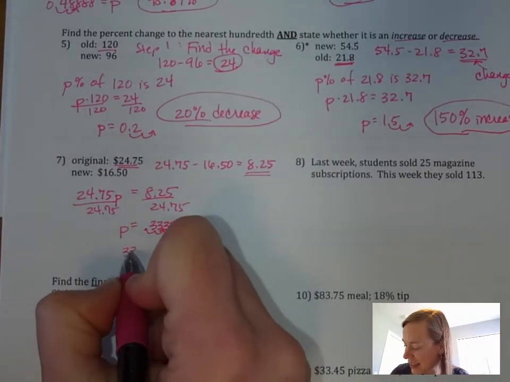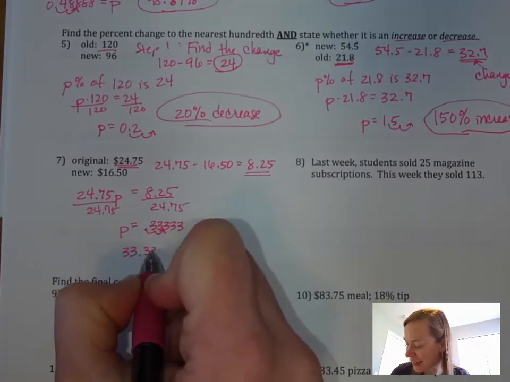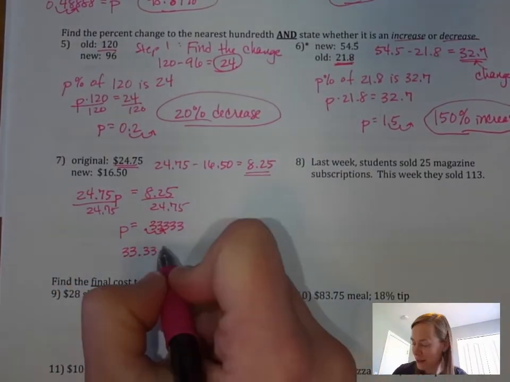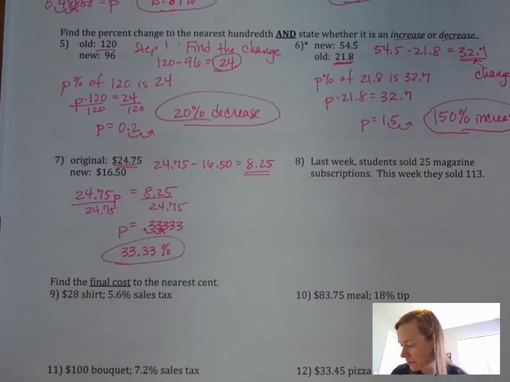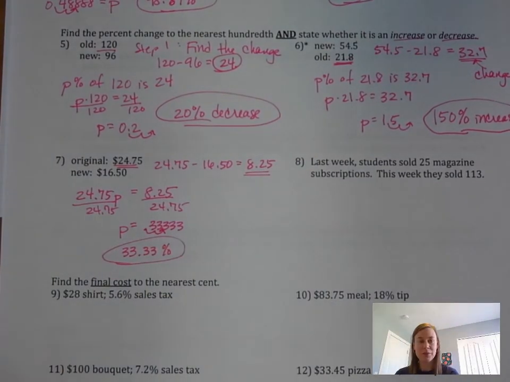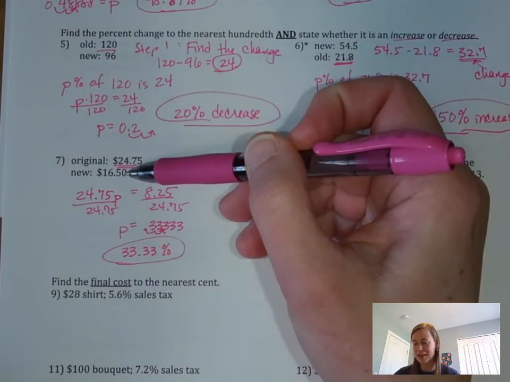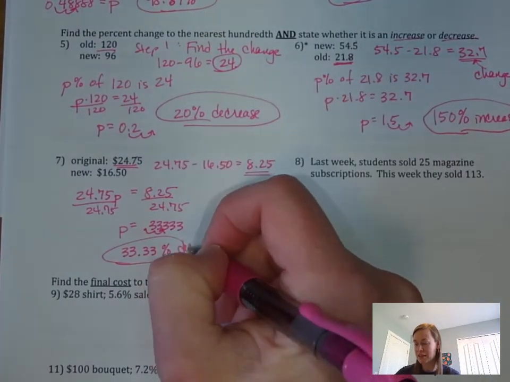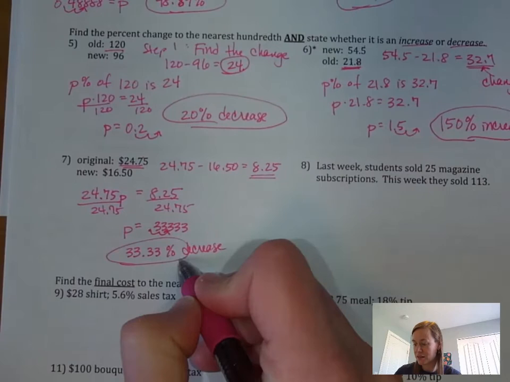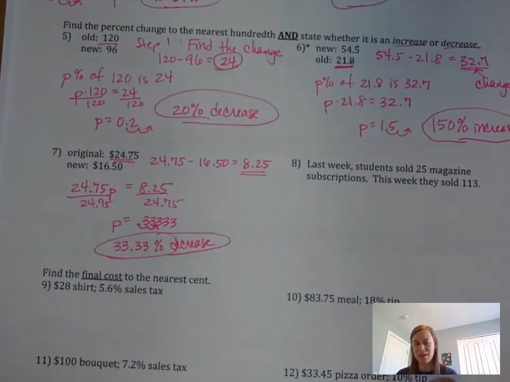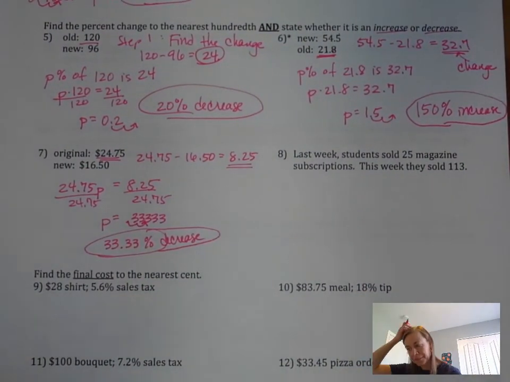I can't ever seem to say that one right. One of these days I'm going to get it. 33.33%. Okay. Oh, I forgot my word there. Increase or decrease? It went from that to that. It looks like the price got smaller, so we're going to say decrease. Okay, all fixed up.